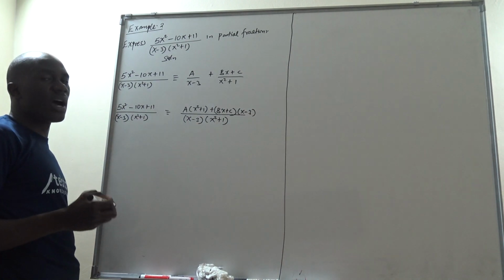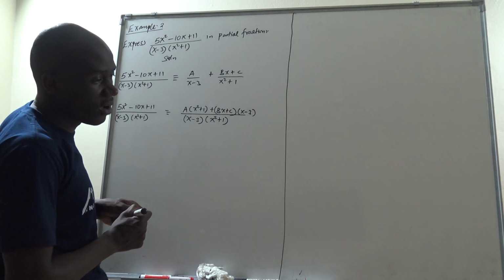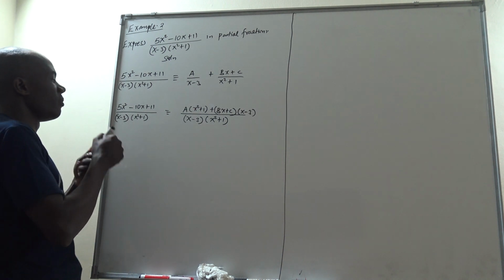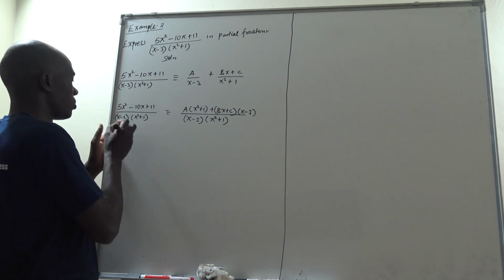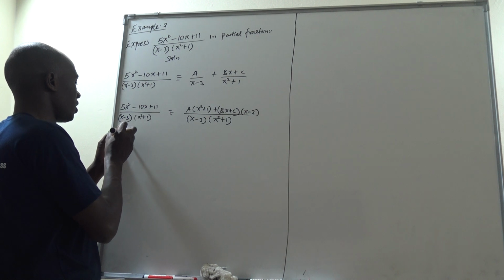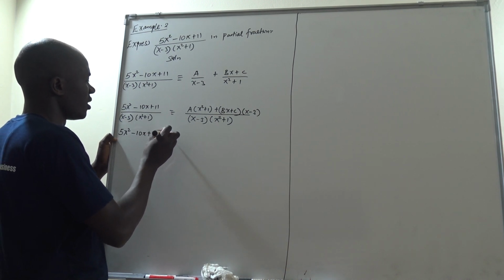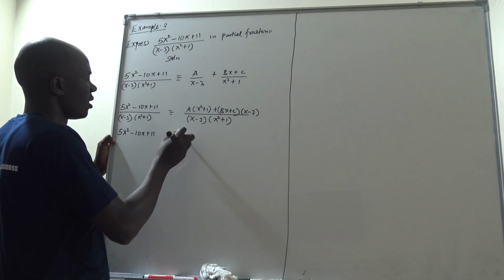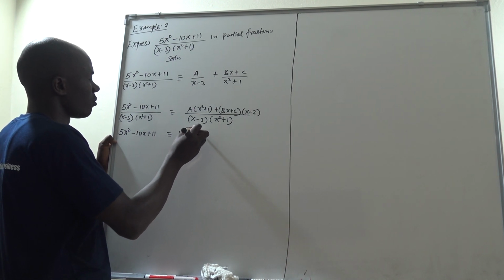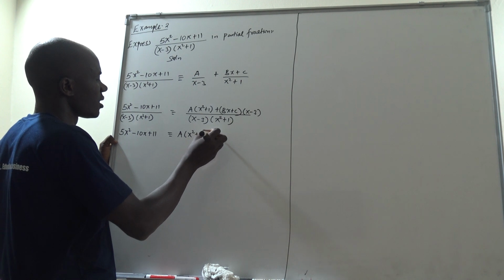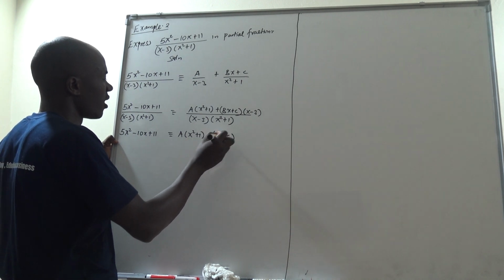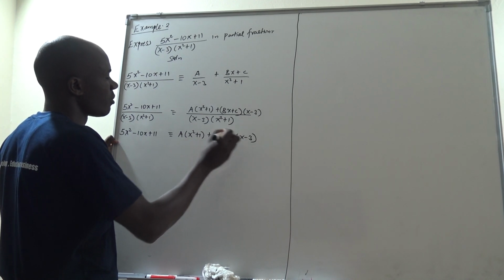Since the denominators have the same value, they cancel. So we are remaining with only the numerators, which is 5x² − 10x + 11 is the same as A(x² + 1) + (Bx + C)(x − 3).